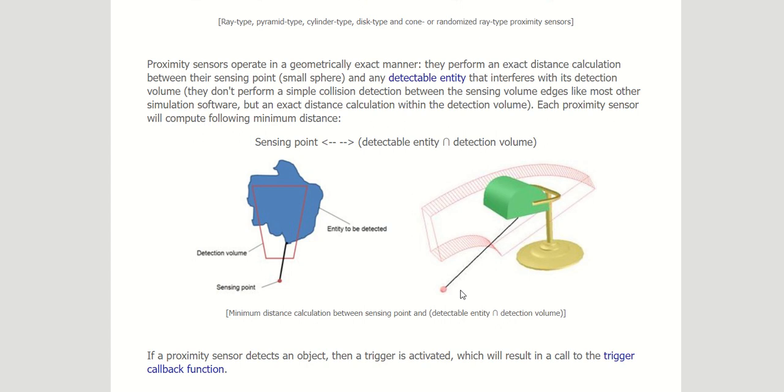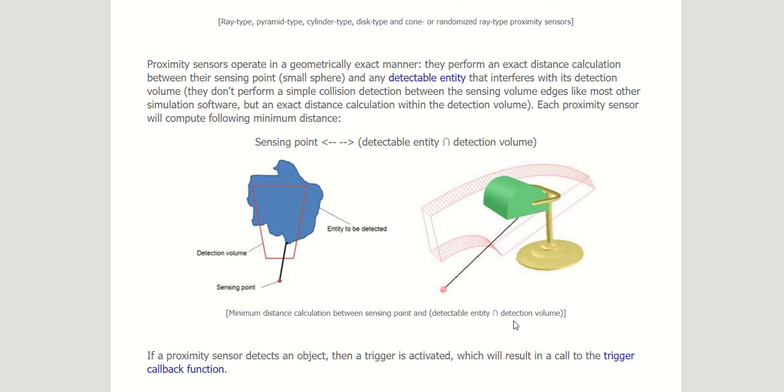That means they perform an exact distance calculation between their sensing point, let's say this small sphere, and the detectable entity that interferes with the detection volume, right? So they don't perform a simple collision detection between sensing volume edges like most other simulation software, but they give you an exact distance calculation with the detection volume as well.